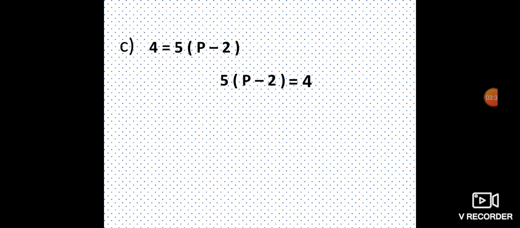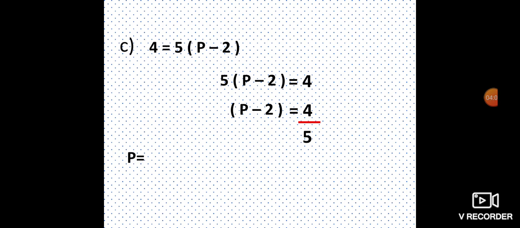No change in the sign. We change all the terms. 5 into p minus 2 equal to 4. Then in the next step, 5 into p minus 2, that is multiplied by 5. It becomes divided by 5. p minus 2 equal to 4 divided by 5.